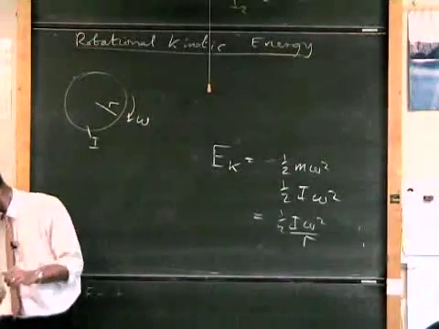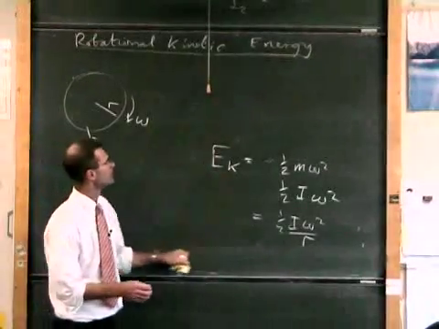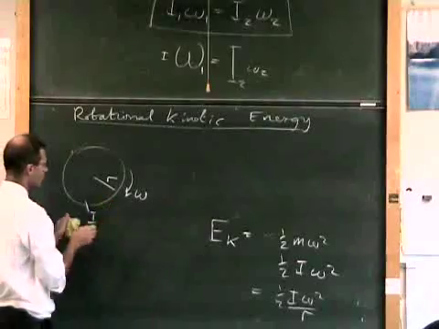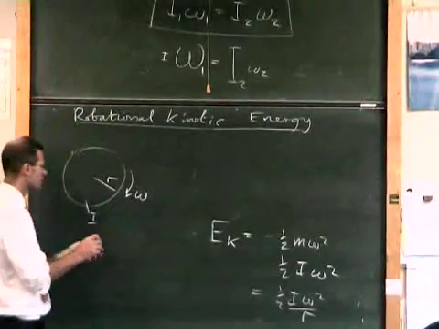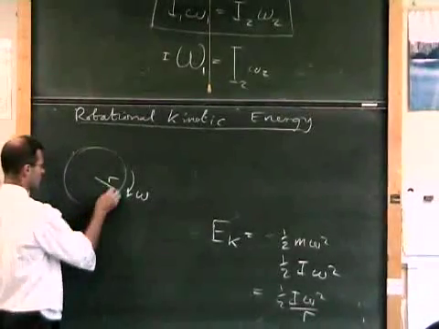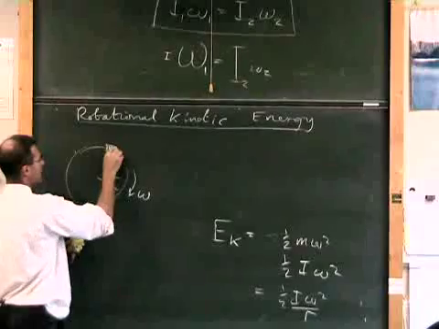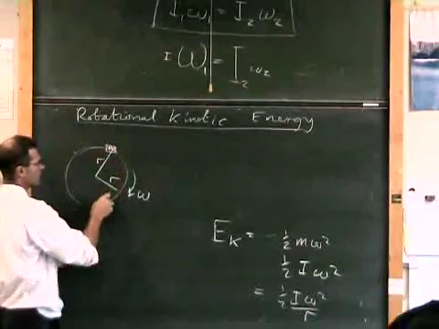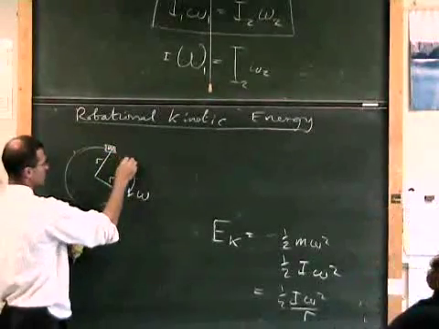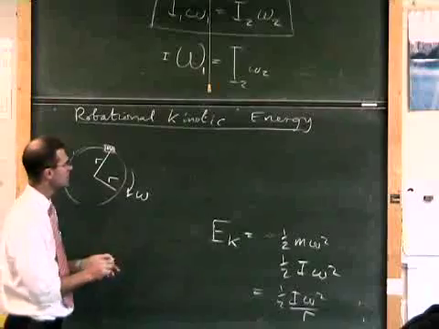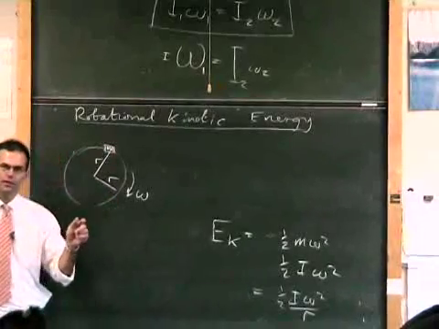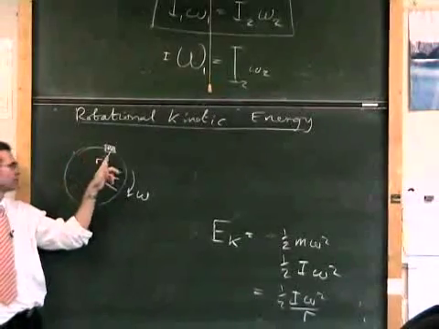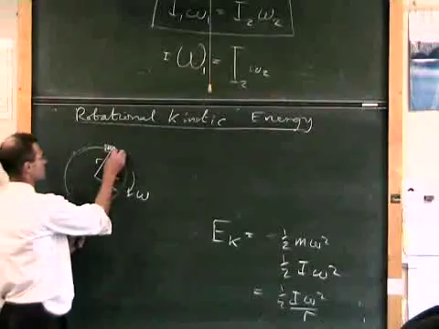Okay, let's just try this out. So those are our possibilities. If we take that special case of a single mass, instead of saying it's got any moment of inertia, say it's a point mass m at a radius r going round at omega. Firstly, what's the linear kinetic energy of that point mass?